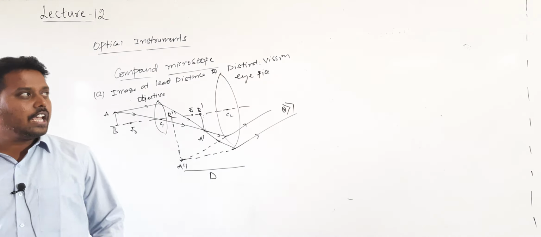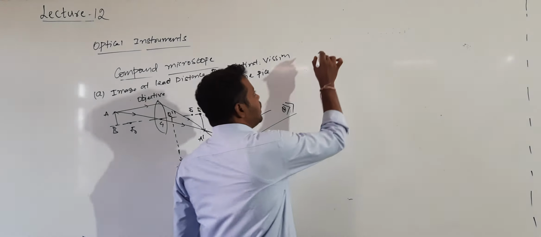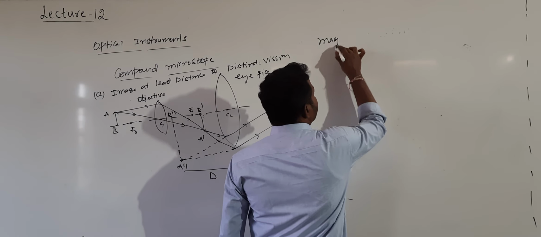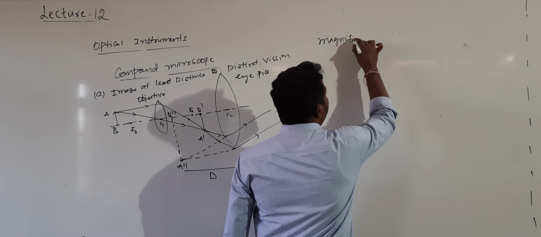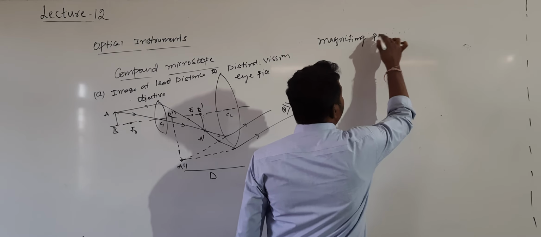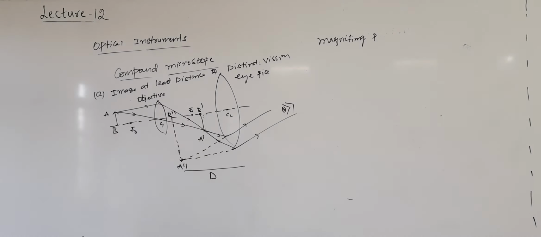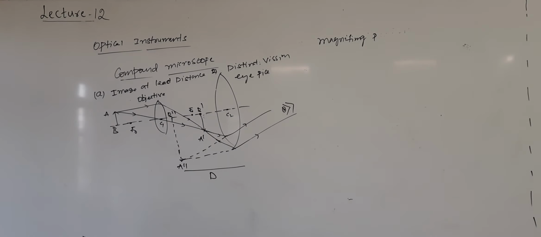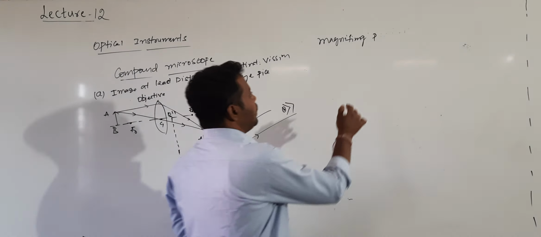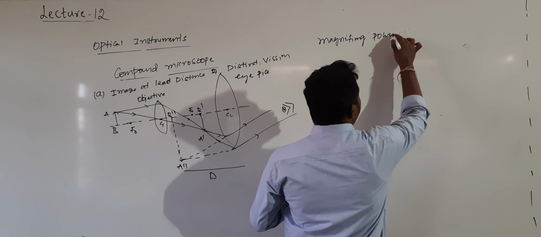Understood? If I want to define the magnifying power, what is the magnifying power? It is also called the magnifying power of this compound microscope.